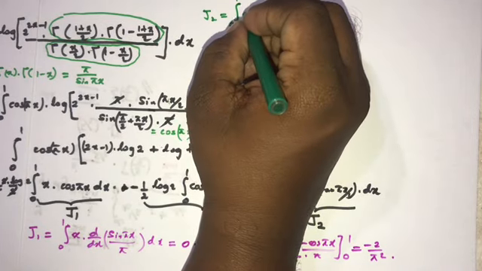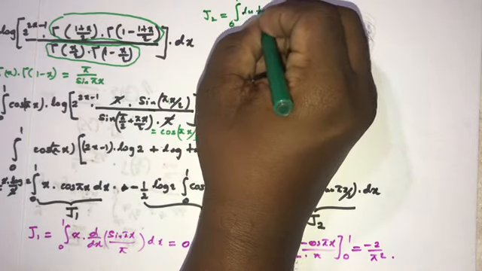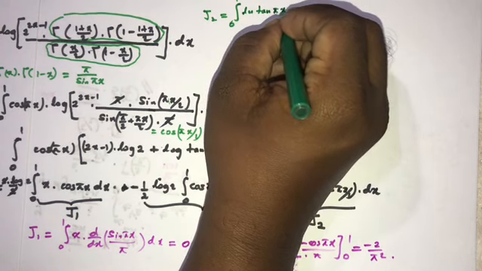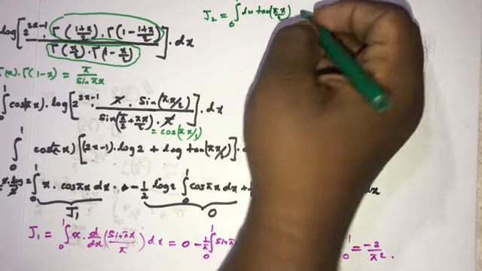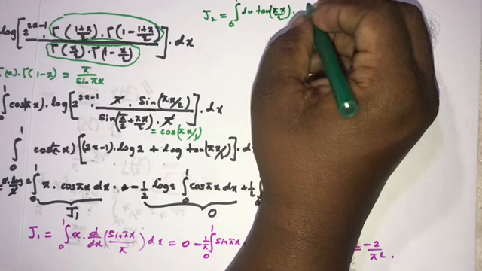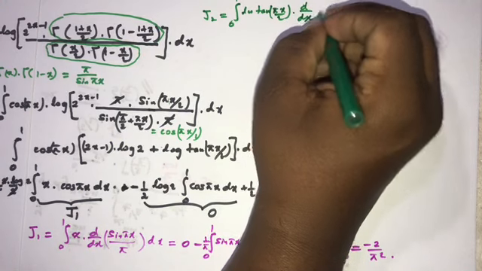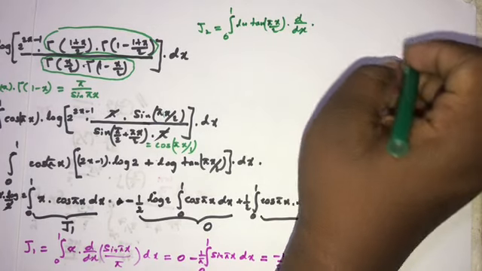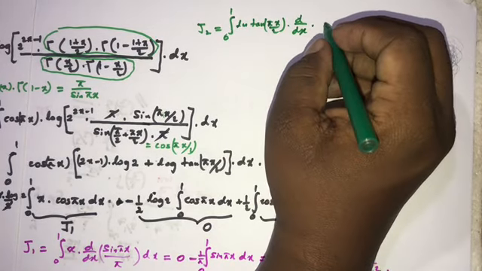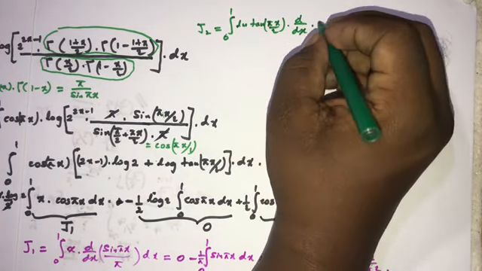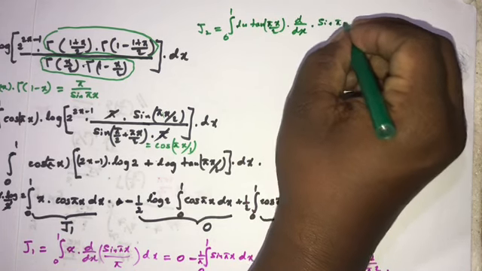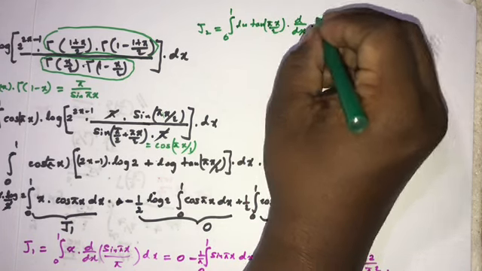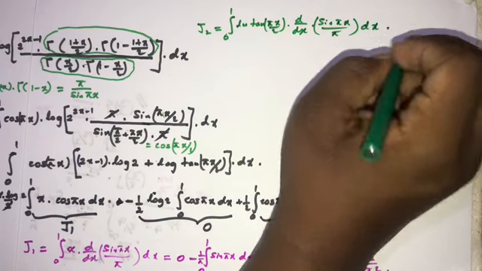I am going to take natural log of tan of pi x over 2 as the first function, u, and then for the second function we know the integration is sine of pi x over pi dx.